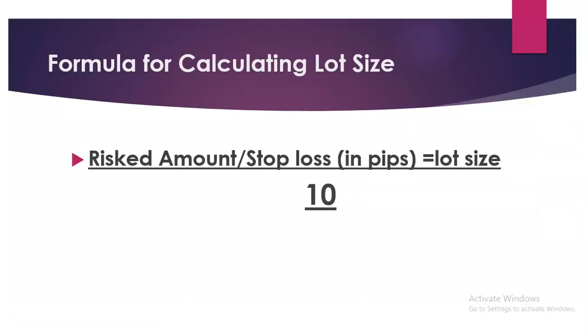Okay, now let's quickly move on. So what's the formula for calculating lot size? It's simple. The first thing is the risk amount. We actually spoke about that in part one, that you have to measure your risk in dollar terms. So let's say we are taking, for example, $5,000.